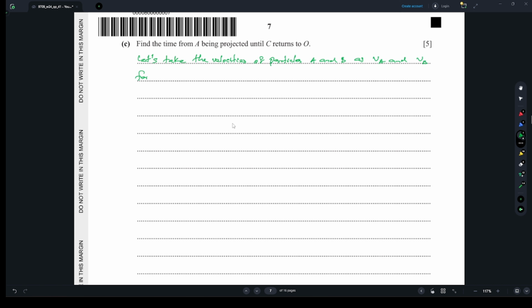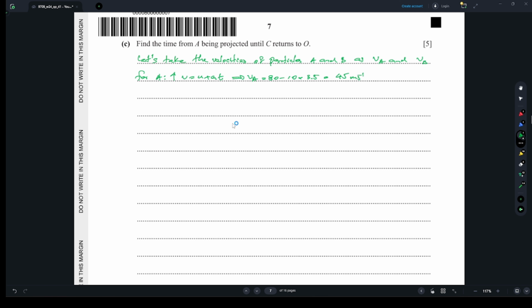I will write for particle A, upwards, v equals u plus at. So VA equals 80 minus 10 times, and the collision happens at 3.5, we found that. So then it will be 45 meters per second.